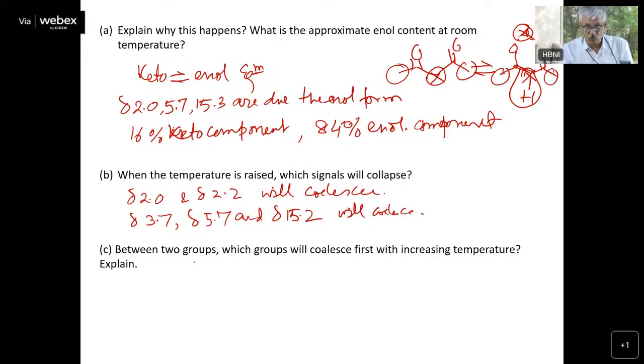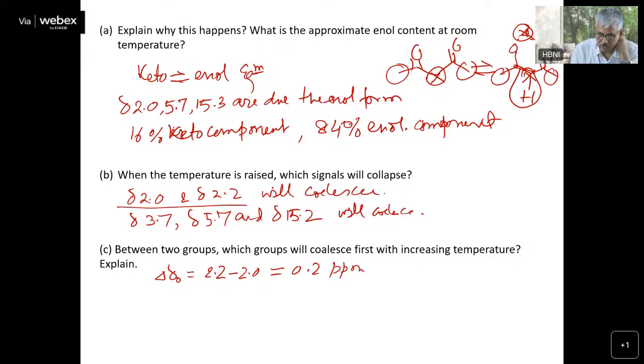Now, between the two groups, which group will coalesce fast with increasing temperature, and explain. You can see the delta delta for this group is equal to 0.2 ppm only. Whereas here, the delta delta max is 15.2 minus 3.7.